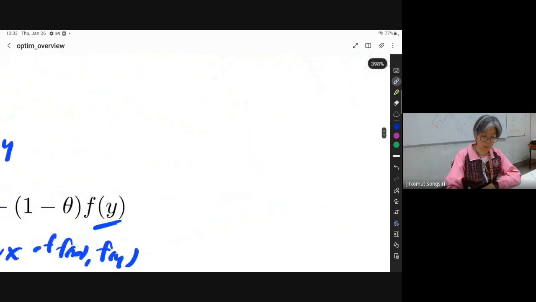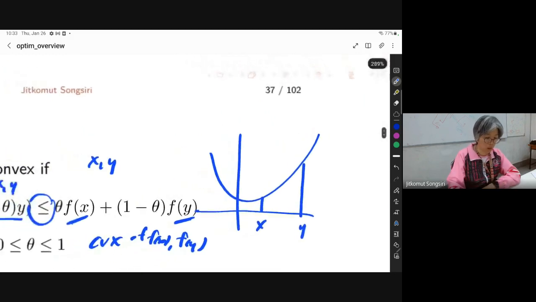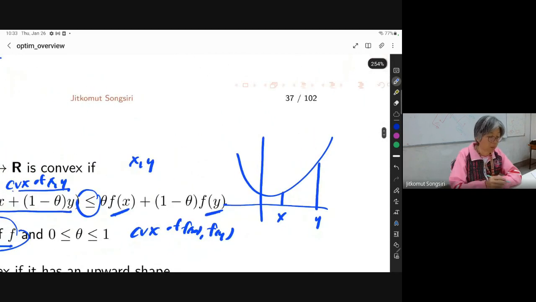A typical explanation, you will see this a lot. If I pick any point x and any point y, where is my convex combination of x and y?